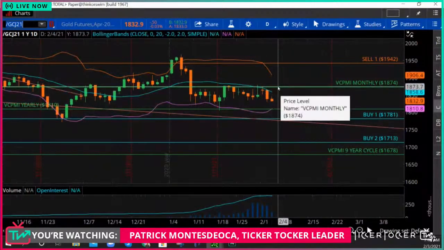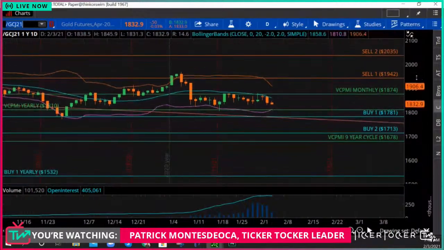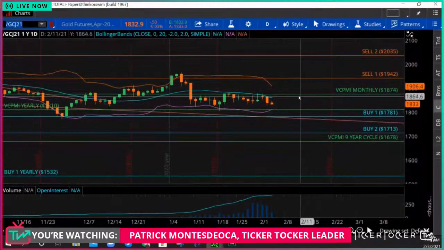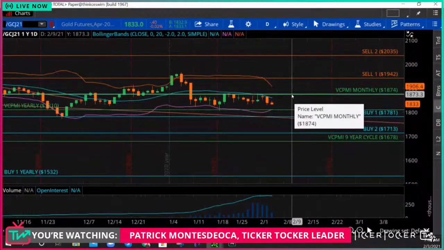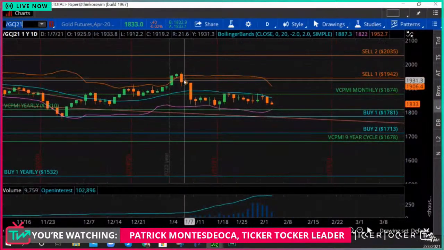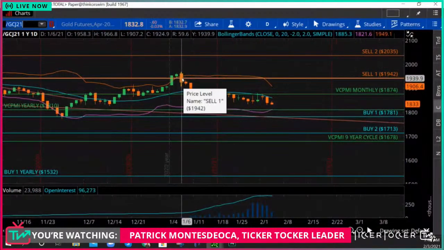A close above 1874 clearly is going to start the bullish trend momentum. 1942 was the sell one target of the monthly resistance that also will become a challenge.